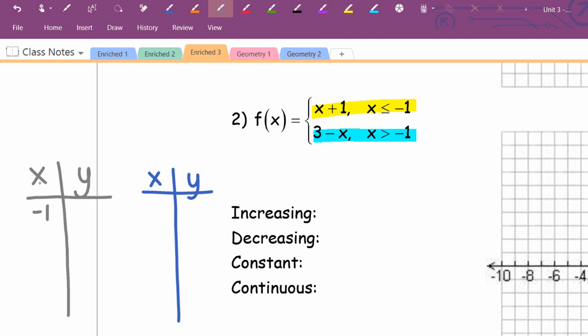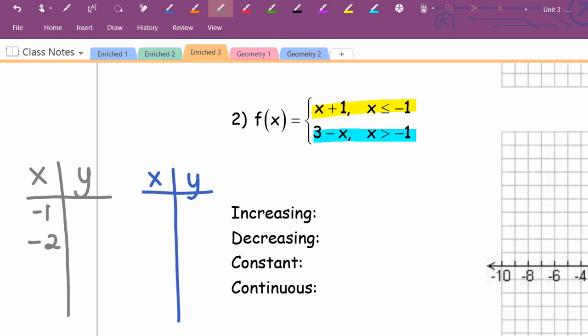Luke? We've got a -1 there now. What's the next number? Take a look at what's there. Does -2 work in there? Yes or no? For the yellow graph? Yeah. So we're going to go -1, -2.